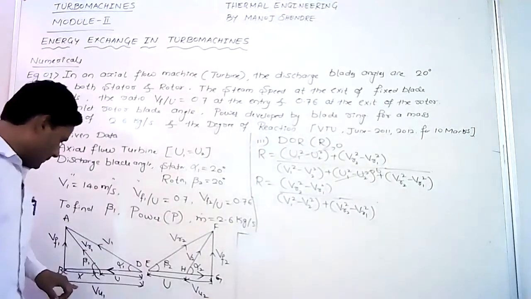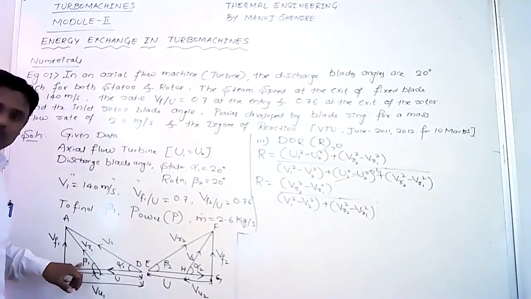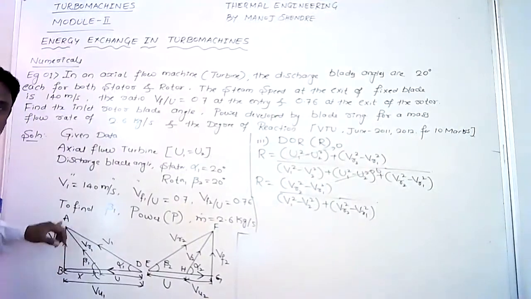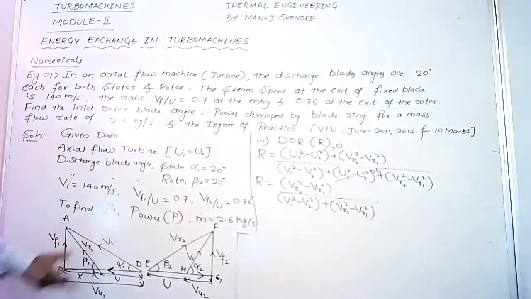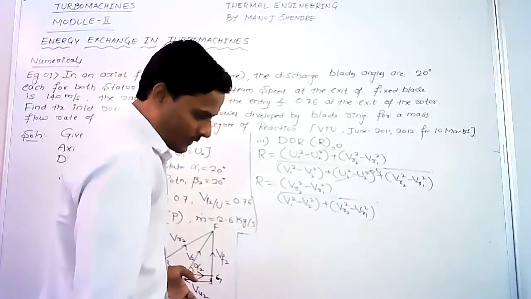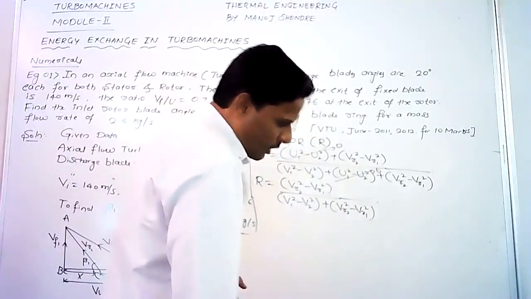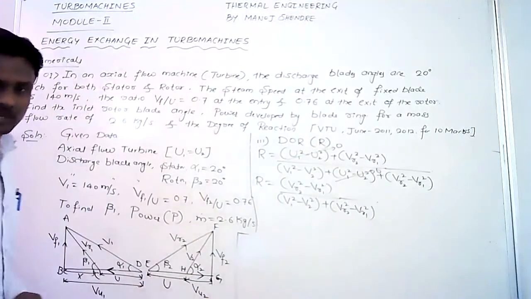Look here. We know beta 1 is known, VF1 is known. So from the inlet velocity triangle, use sine and try to get the value of VR1. Or else you can use the Pythagoras theorem as well.